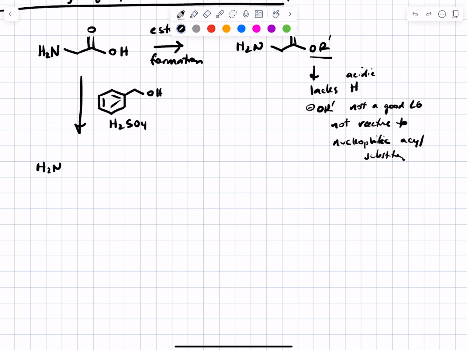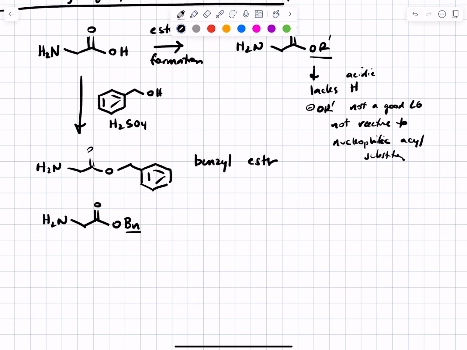This is just the Fischer esterification reaction that you learned. And this protecting group is sometimes abbreviated as OBn, where Bn stands for benzyl.